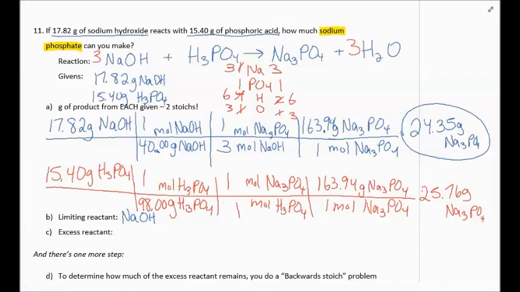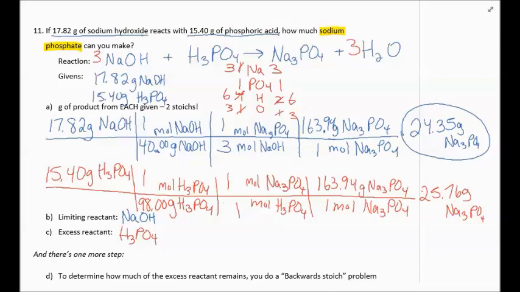You have phosphoric acid in excess. So that's your excess reactant. So this 25.76 is never going to be produced. The most you can make is 24.35 because that's the smaller amount. So we know we've answered the question.